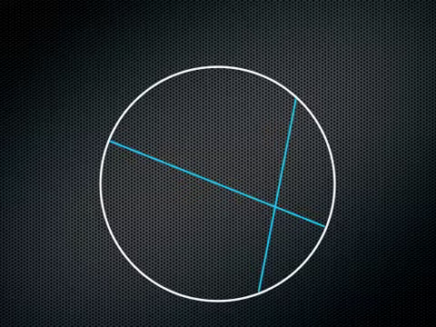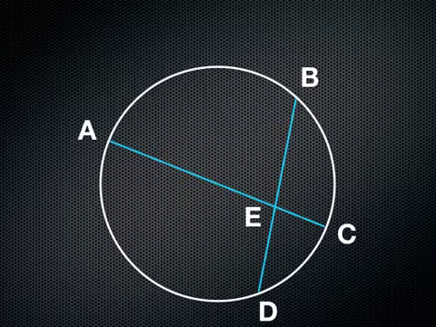I'm going to label the point where the two chords intersect E. So I have chord AC and chord BD intersecting at E. Notice chord AC could be split into the segments AE and EC, and chord BD could be split into the segments BE and ED.